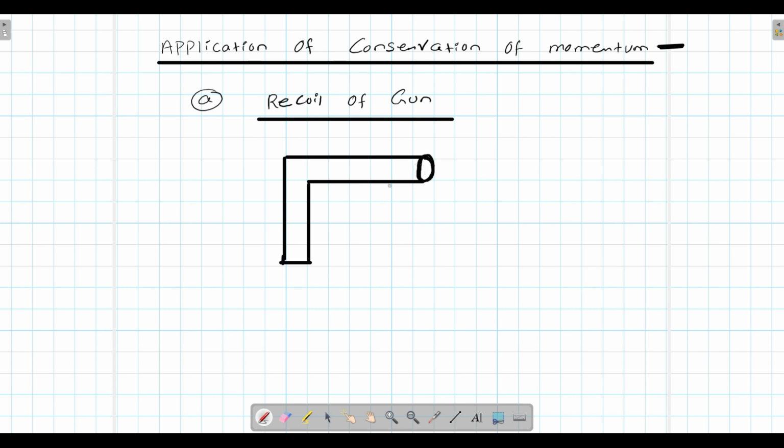That is the recoil of gun. For the recoil of gun, the mass of the gun is capital M, and the recoil speed is capital V. And this is the bullet.